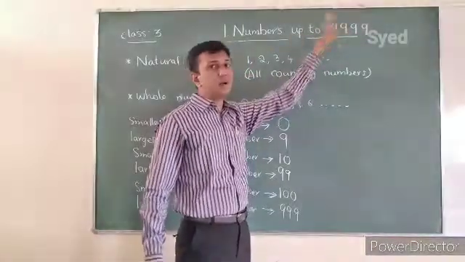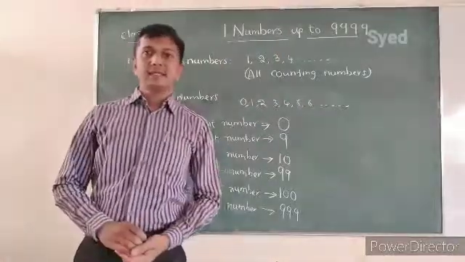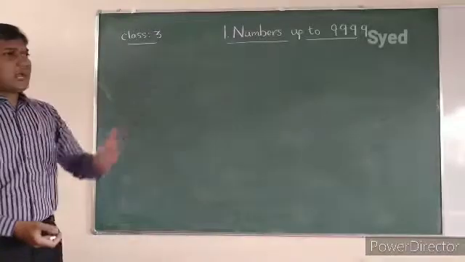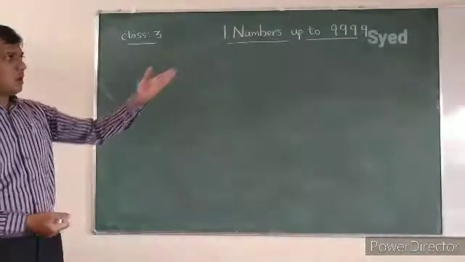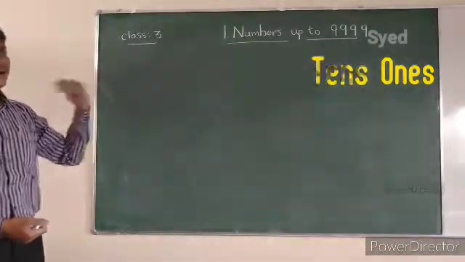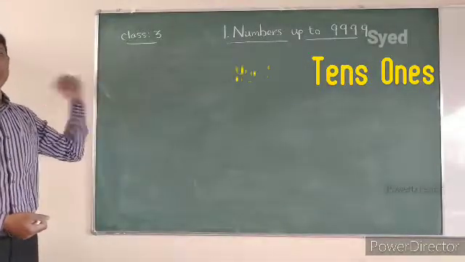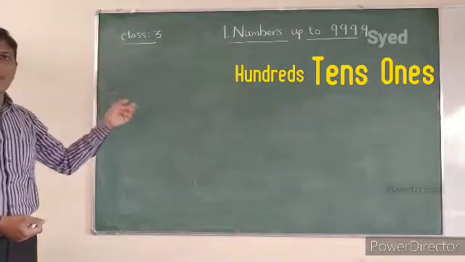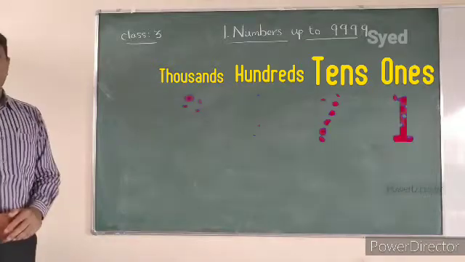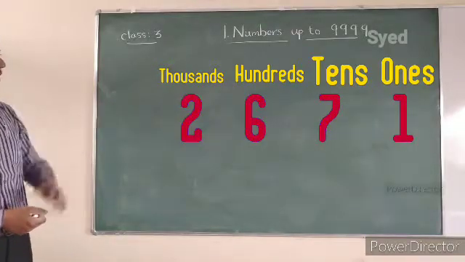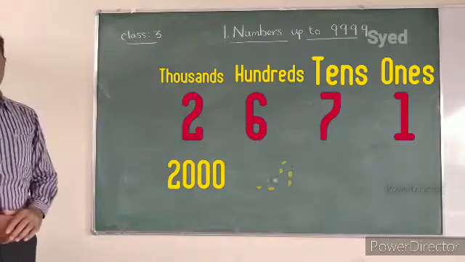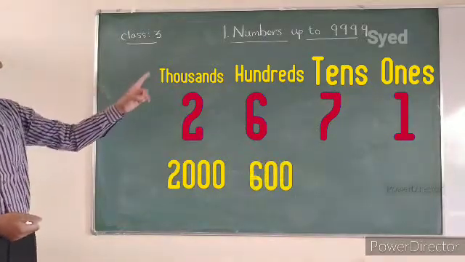So we are going to study that place value in this standard. We have taken one example here, 2671.